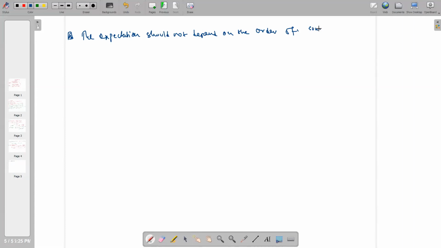Now you have learned about convergent sequences, and conditionally convergent sequences and absolutely convergent sequences. So in case of a conditionally convergent sequence, we need to be careful, right?